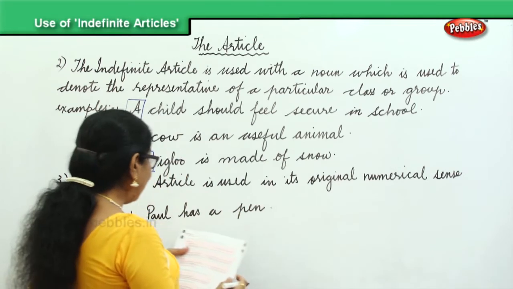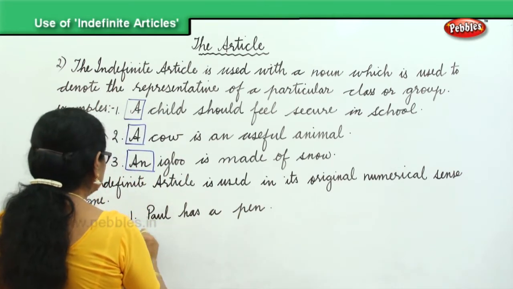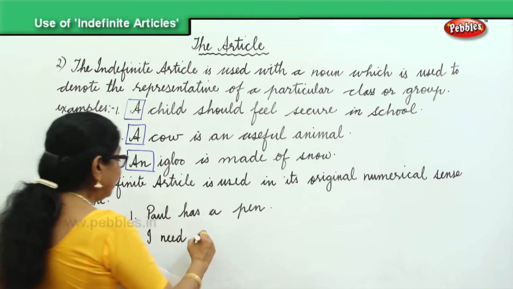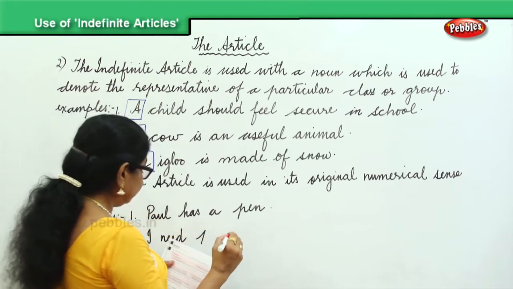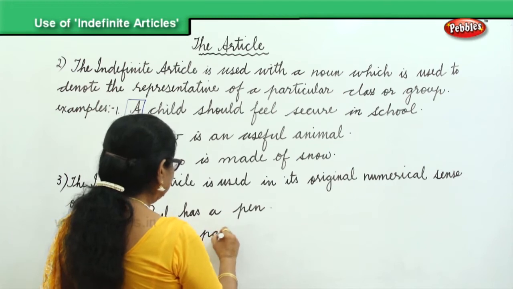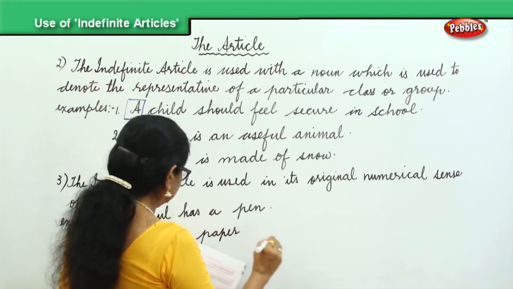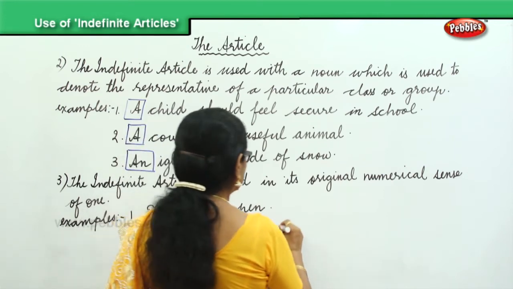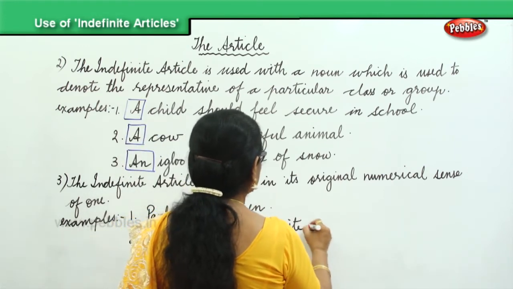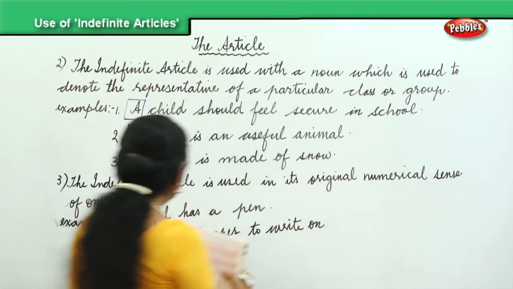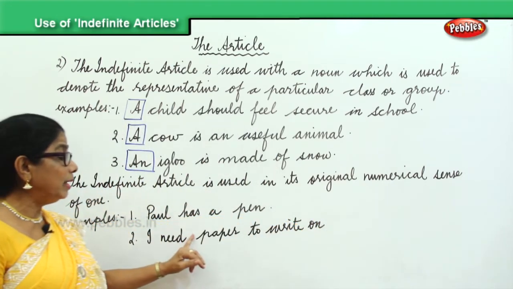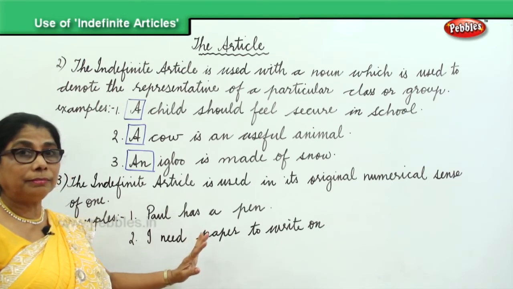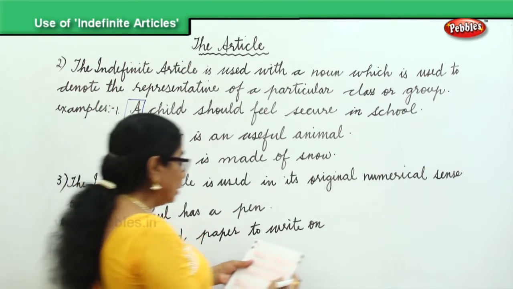Then, I need paper to write on. I need, what you mean is you need a paper. I need paper to write on. But we are not using a here.